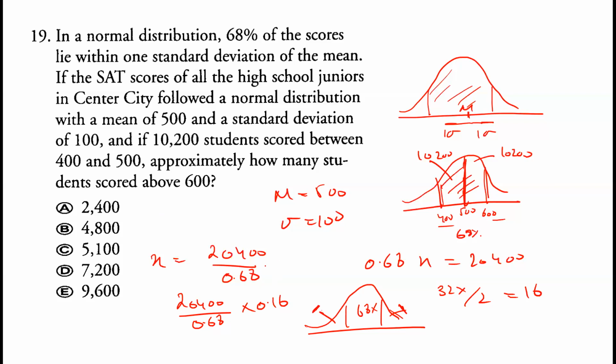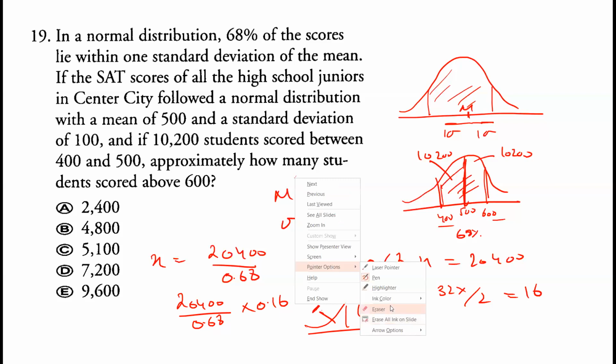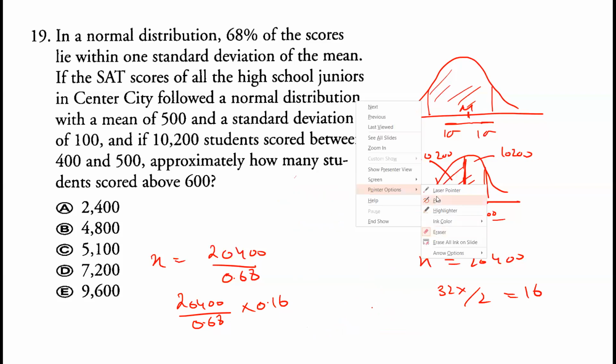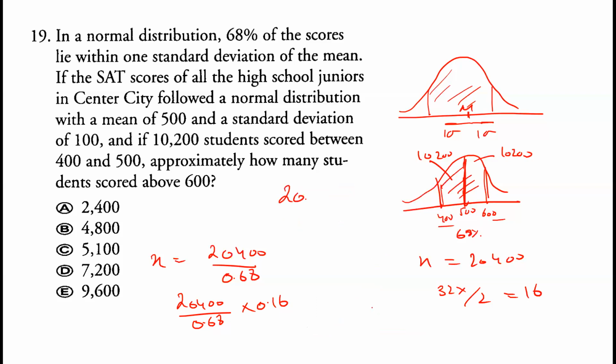So how can we do it quickly? We can write this as 20,400 divided by 68 multiplied by 16.